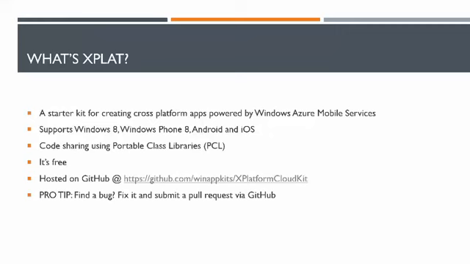It also allows for code sharing using portable class libraries, and best of all, it's free. Like I mentioned, the Xplatform Cloud Kit is hosted on GitHub, so if you find a bug, feel free to fix it and submit a pull request. This really awesome tool was actually created by one of my coworkers named Paul De Carlo, who's in the Houston office, so I'm sure he'd be really interested to hear your feedback.